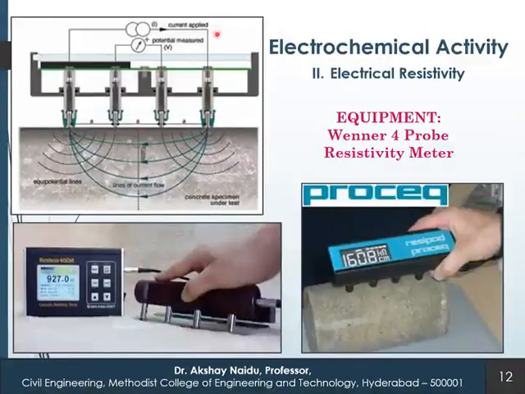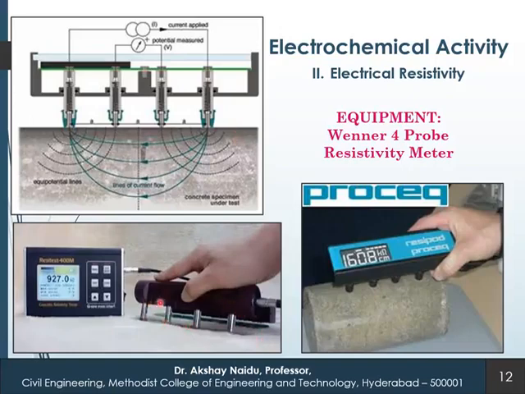So these are other pictures of the Werner 4 probe resistivity meter. These are the current flow lines and these are the equipotential lines. This is the voltmeter here, this is the ammeter here. Now in real life, the equipment can be like this.